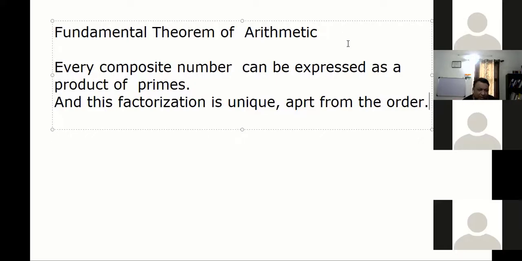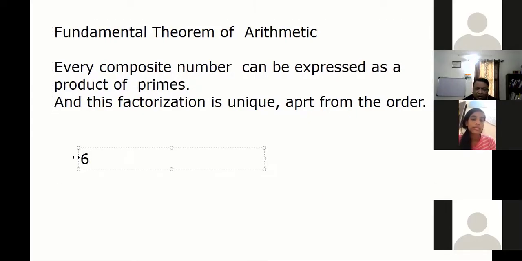I'll explain this. It's a very important and very easy theorem. When we say fundamental theorem, it says every composite number in the universe you can always express as a product of primes. Let's understand with an example. Suppose I take a composite number as 6.